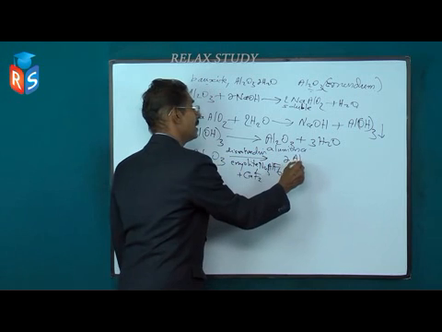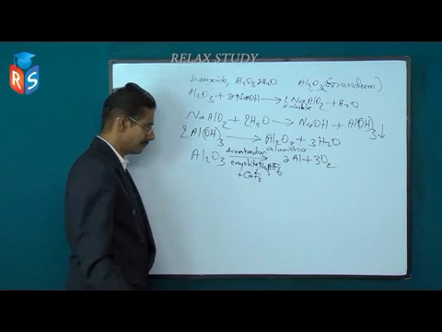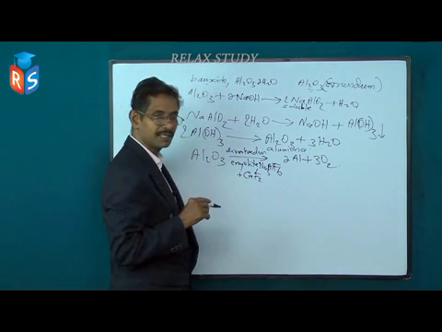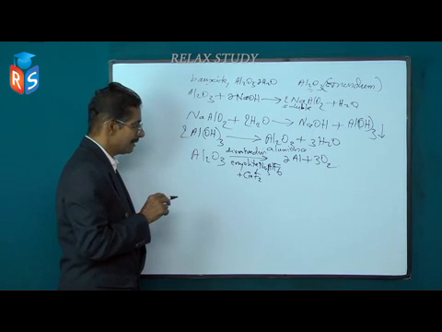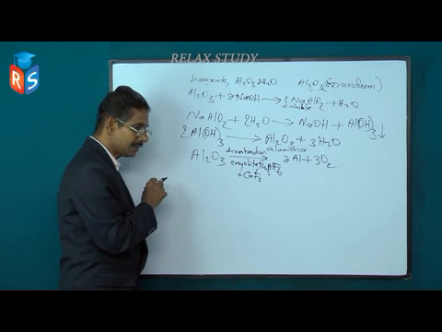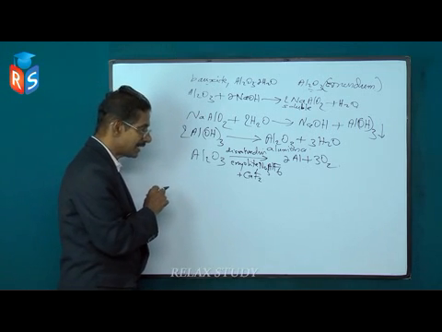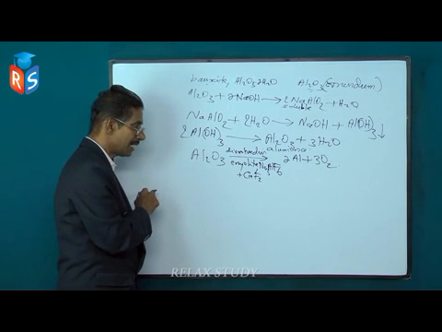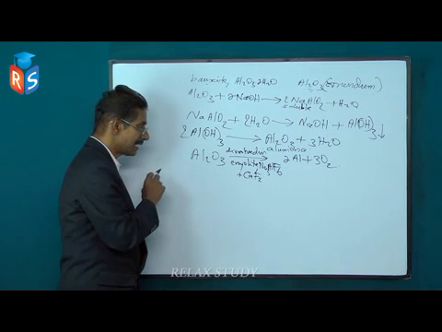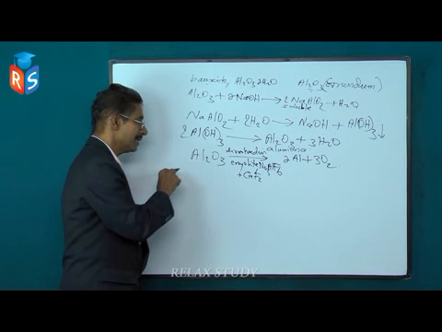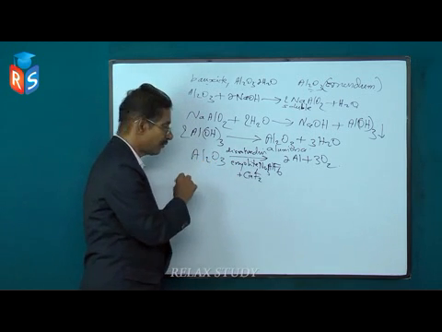You have aluminum and oxygen liberated. Briefly, the electrolytic cell is a rectangular iron vessel with an inner lining of carbon, and what you take in that cell is aluminum oxide dissolved in cryolite plus calcium fluoride.